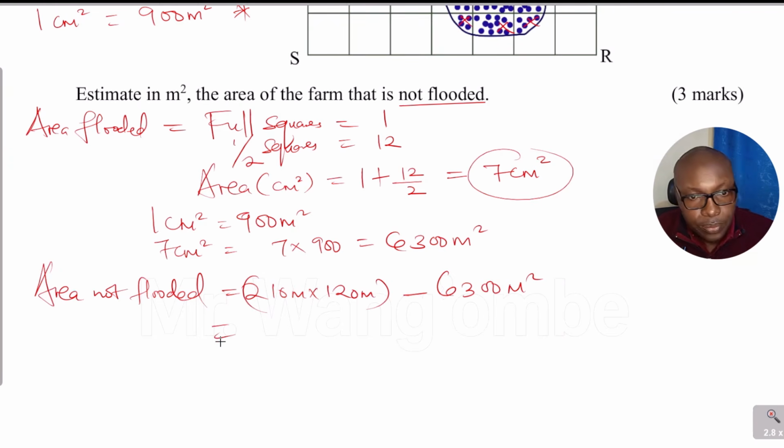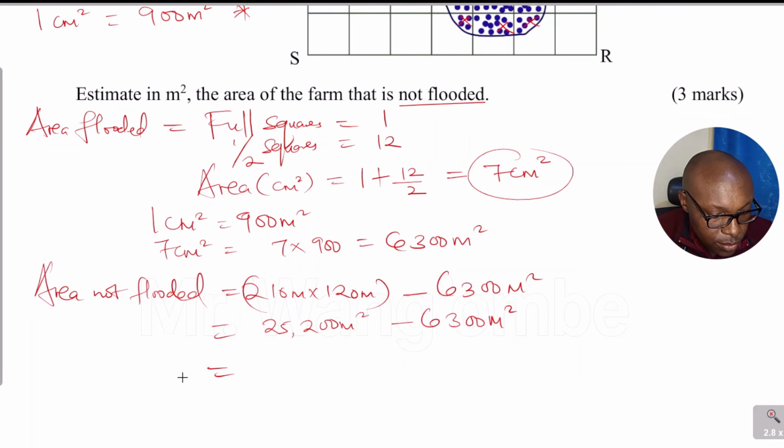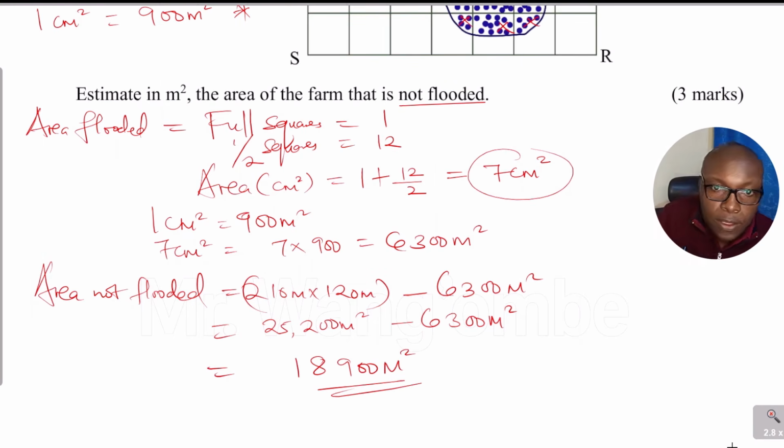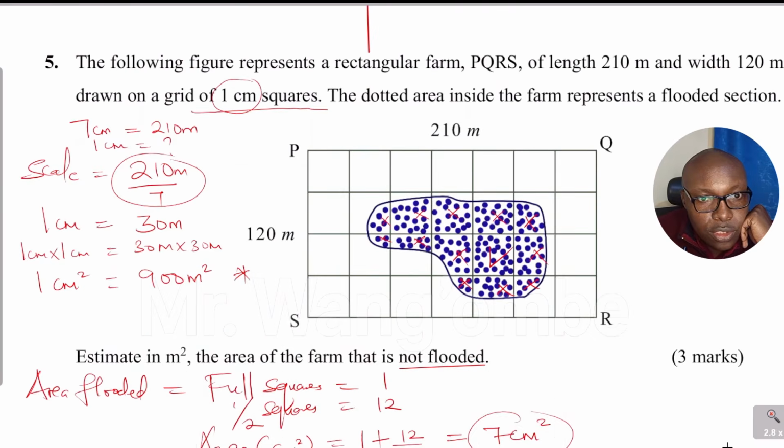So 210 multiplied by 120 gives 25,200 meters squared. Then subtract 6,300 meters squared, and this gives 18,900 meters squared. So that is how you're supposed to solve that question.